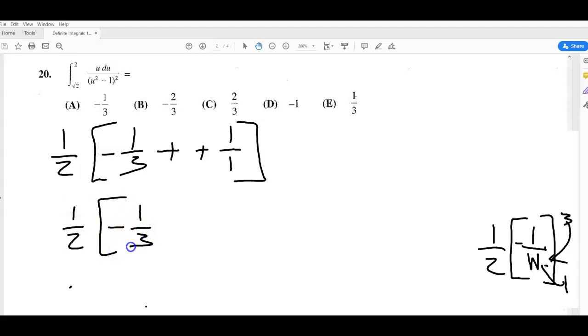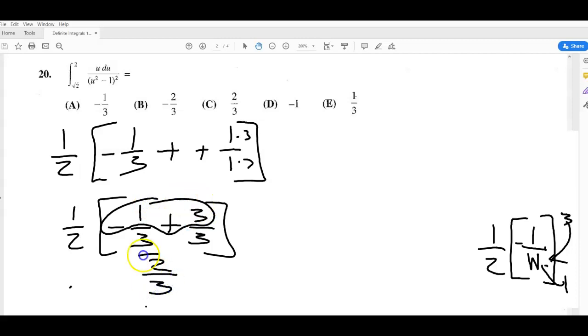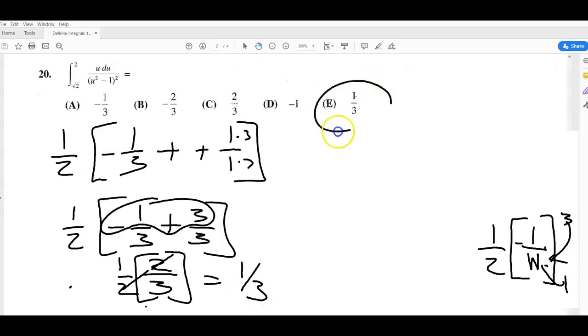So what I'm going to do is multiply the top and bottom of this by 3. 3 and negative 1 combine together to make 2. And actually, these are just going to cancel out, so I'll be left with a third, basically, as my final answer.